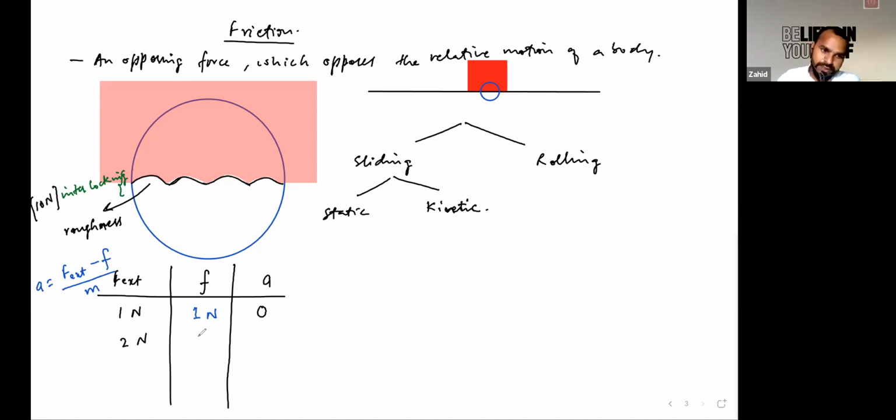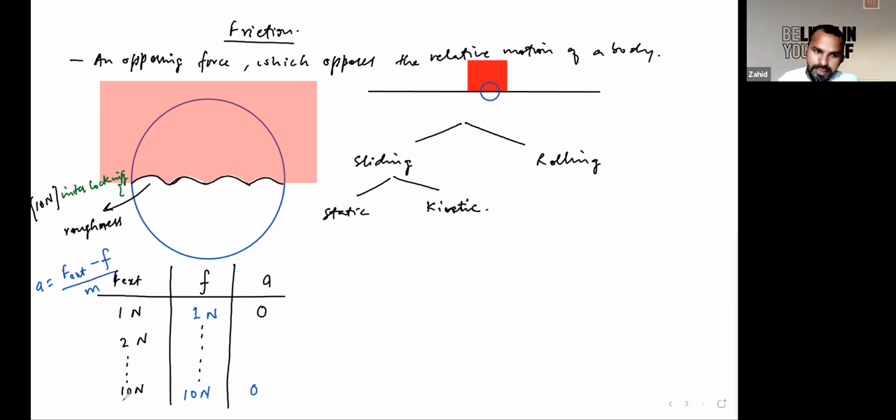Similarly, if you increase this value up to 10 Newton, this frictional force will also increase quickly to reach its maximum value of 10 Newton. Till this, acceleration in this system would be 0. Now, if you further increase external force by any small change, let's say 10.1, 10.2, this block will overcome this maximum interlocking and then start moving.